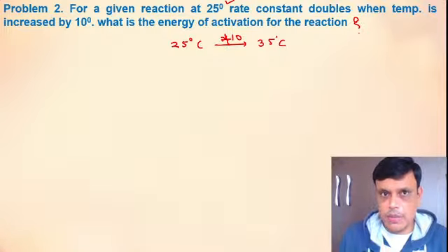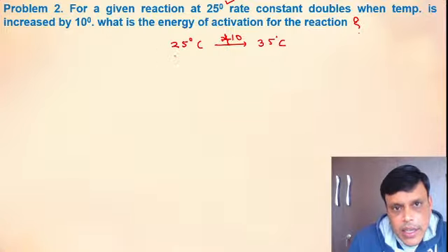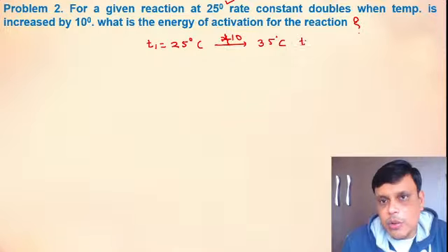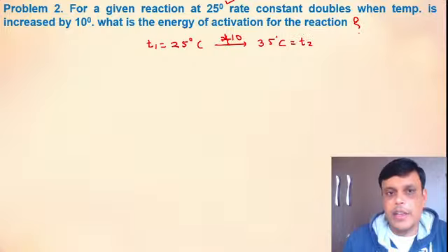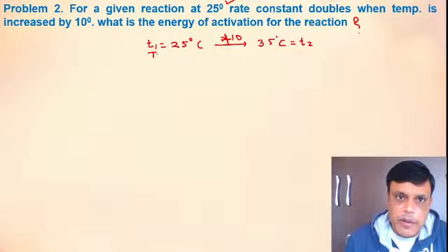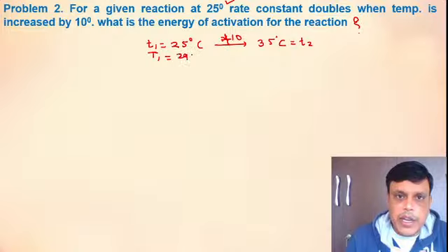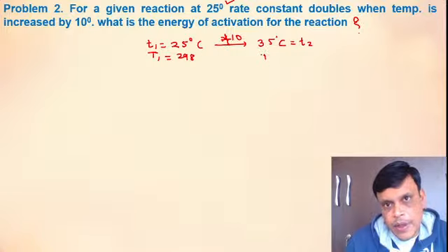So here T1 is 25 degrees Celsius and T2 is 35 degrees Celsius. In terms of Kelvin, T1 is 298 and T2 is 308.